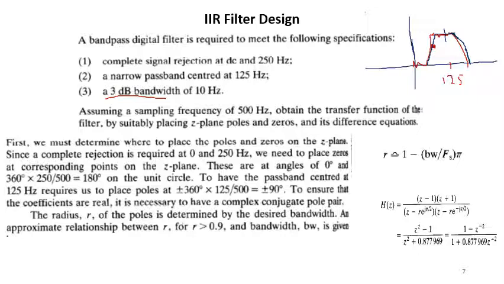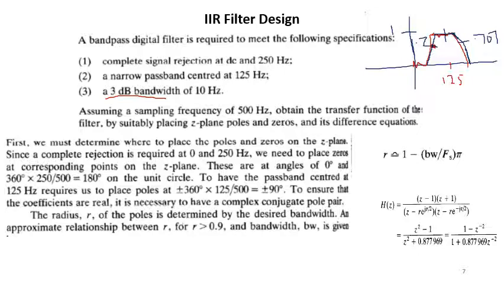Now the 3 dB point is where the response is how much? If the peak has a value of 1, then at 3 dB it will have a value of 0.707. So we have two 3 dB points, this one and again here, where the response is 0.707.